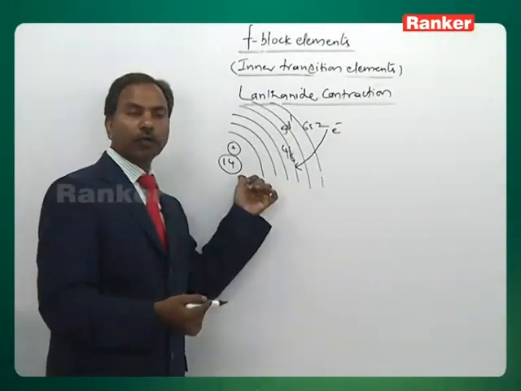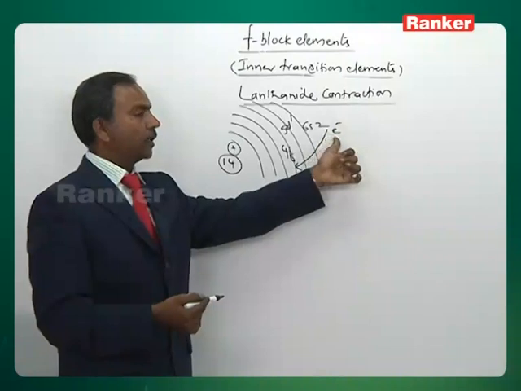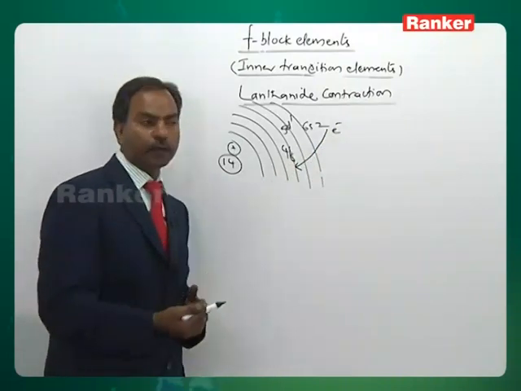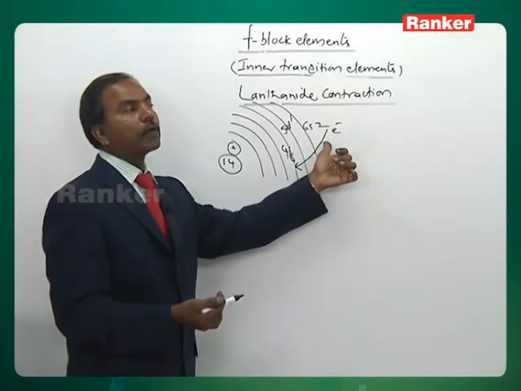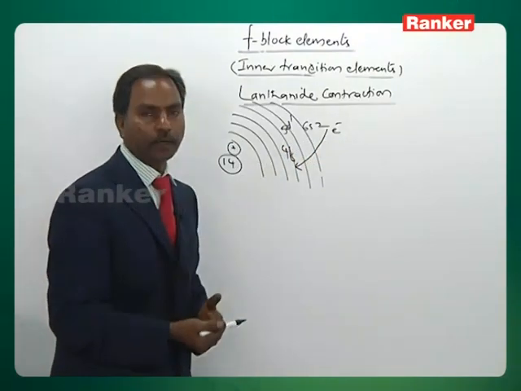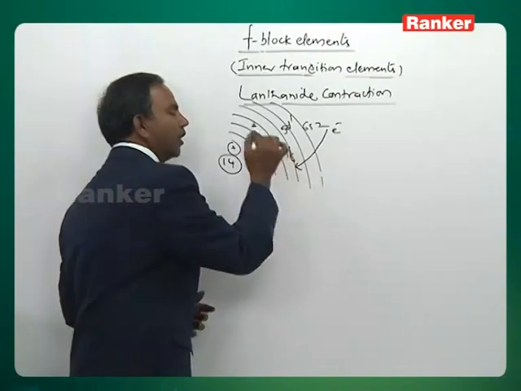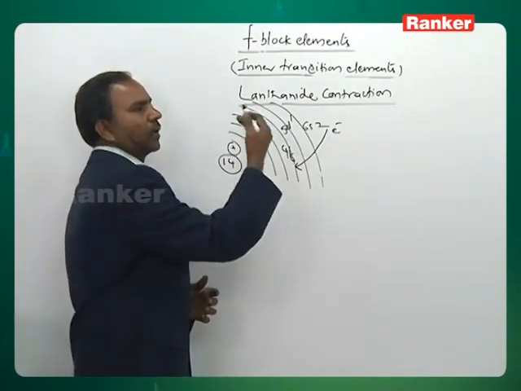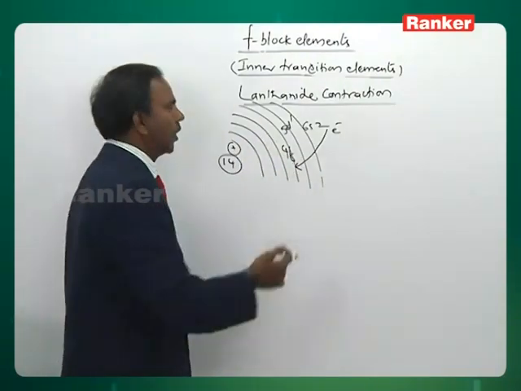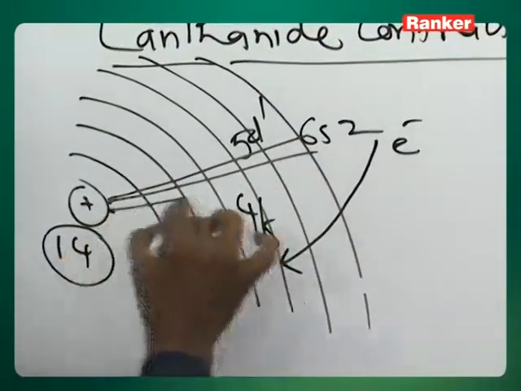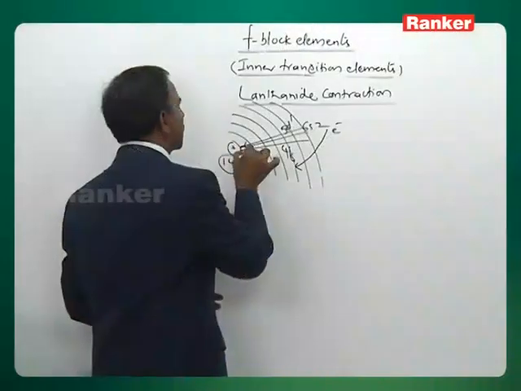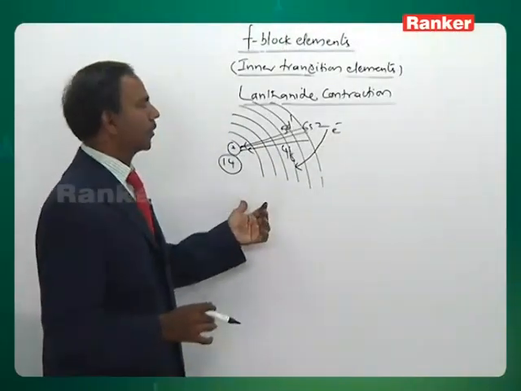The nuclear charge is increasing and electrons are entering into the f orbitals of the antepenultimate shell, and filled f orbitals are poor shielders. Therefore, the nuclear charge acts directly on the outermost orbital electrons.